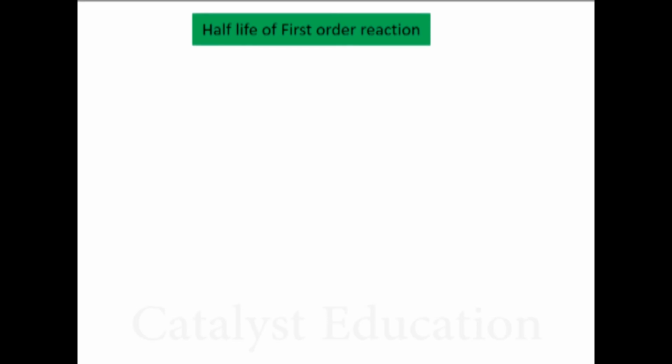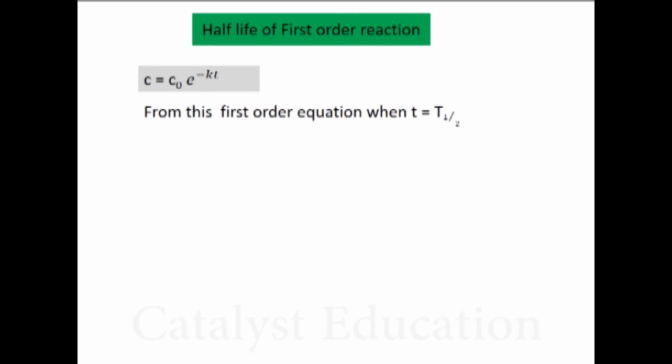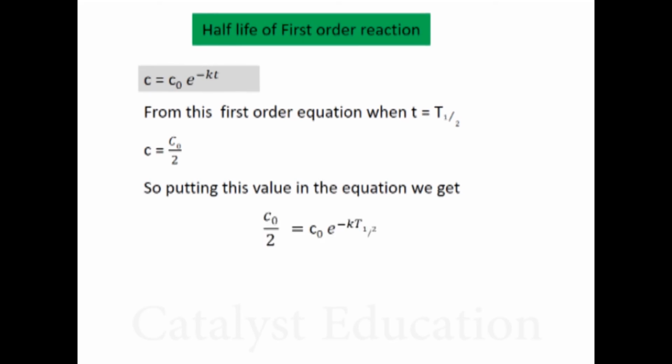Half-life of first order reaction. C is equal to c naught e to the power minus kt, which we derived a few slides before. So for the first order reaction, when t is equal to t half, the concentration will be half of the initial concentration. So c is equal to c naught by 2. Putting this value in the equation, we get c naught by 2 is equal to c naught e to the power minus k t half.